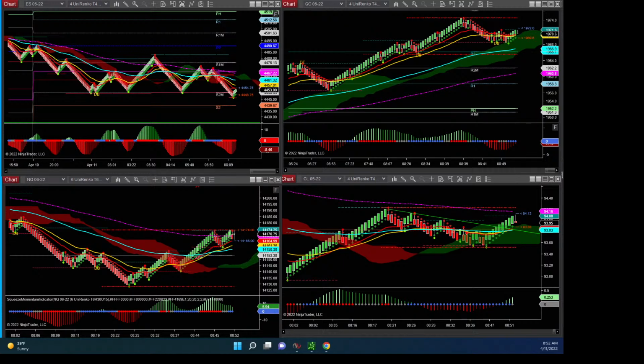I yeah, not that good. It's above the cloud, but it's reversing and it's a little bit extended. I shouldn't have taken it, but I did.